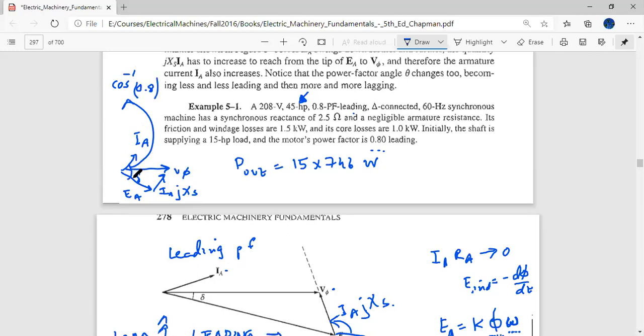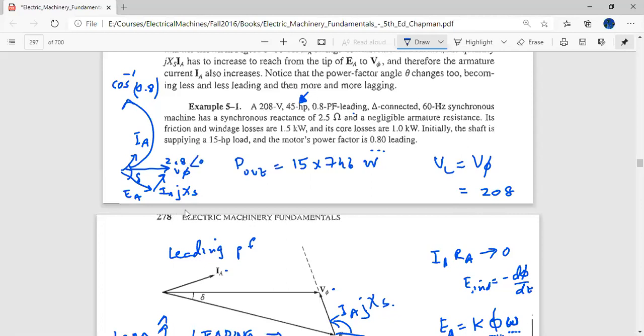The only thing that I can populate is this. V phi is this terminal voltage, and per phase terminal voltage, since it is delta connected, V phi and VL are equal, they are both equal to 208. So this V vector is 208 angle 0.